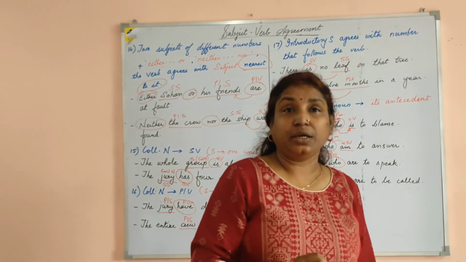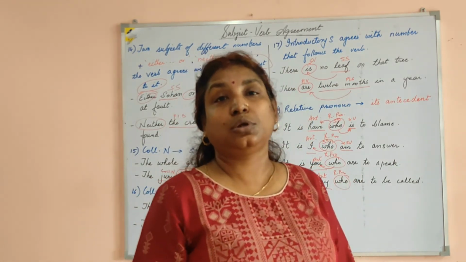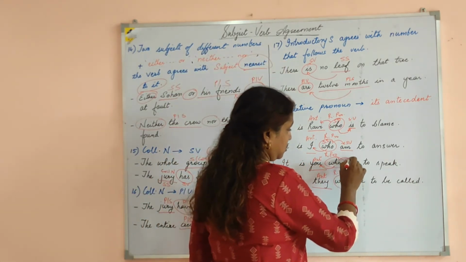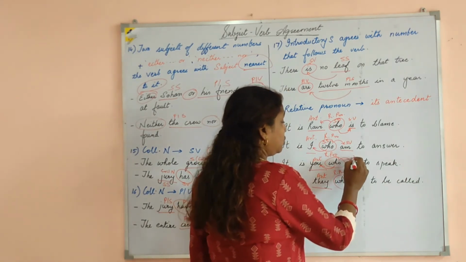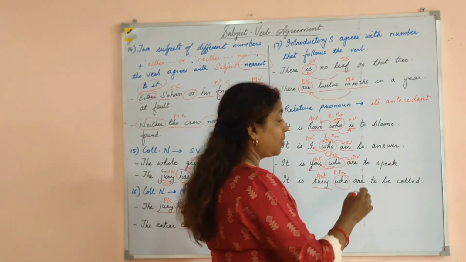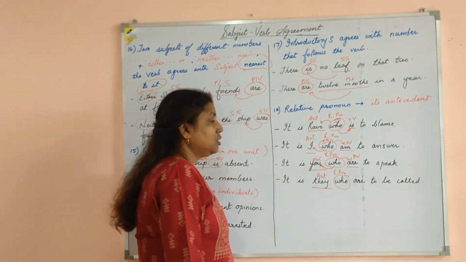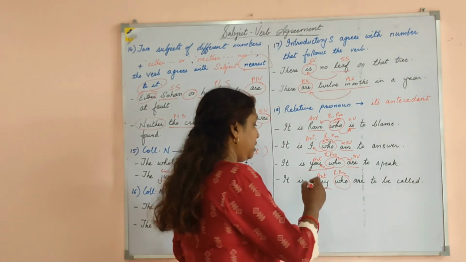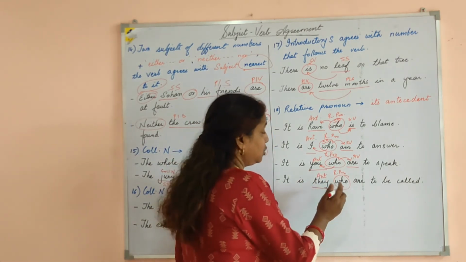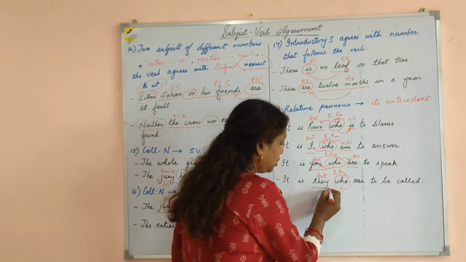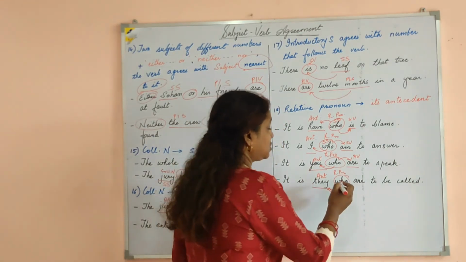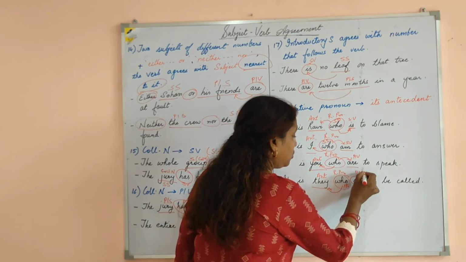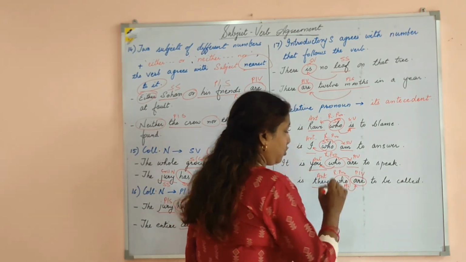So now your verb is plural. Same way, if I have plural nouns, it is they. I have plural subject. So who is this who? It is they. So now your subject becomes plural subject and hence your verb is plural verb.